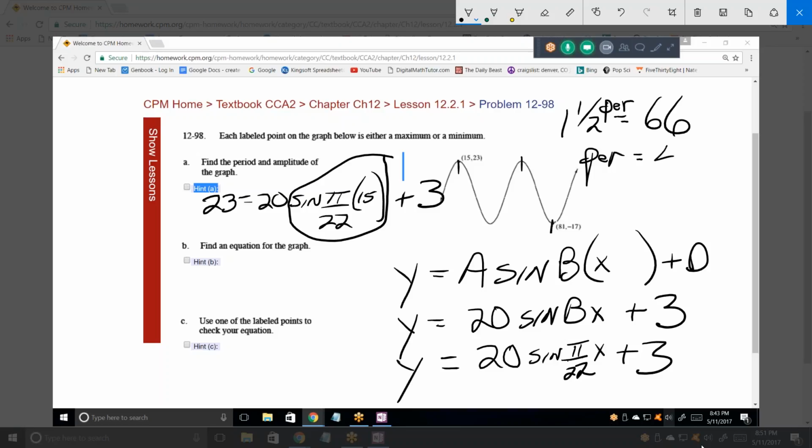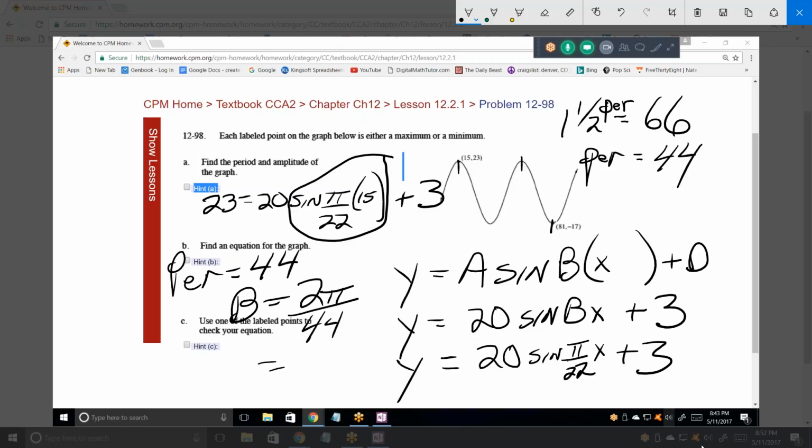You got 44, didn't you? So if my period is 44, then B is equal to 2 pi over 44, which is pi over 22, which when I substitute an x value of 15 does not make that turn into 1.